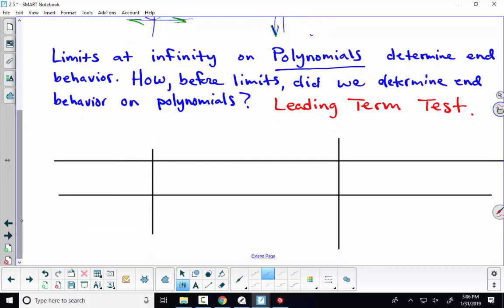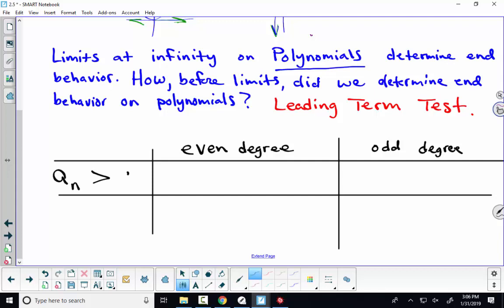And so the leading term of a polynomial depends on two things. It depends on the degree. So we'll say even degree and odd degree. And then our leading coefficient we called a sub n. So if our leading coefficient is positive, we had an end behavior, a different end behavior if the leading coefficient were negative.